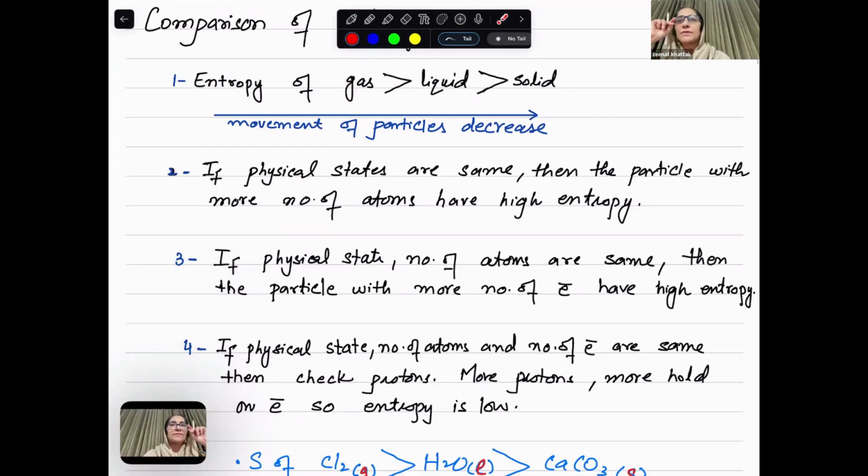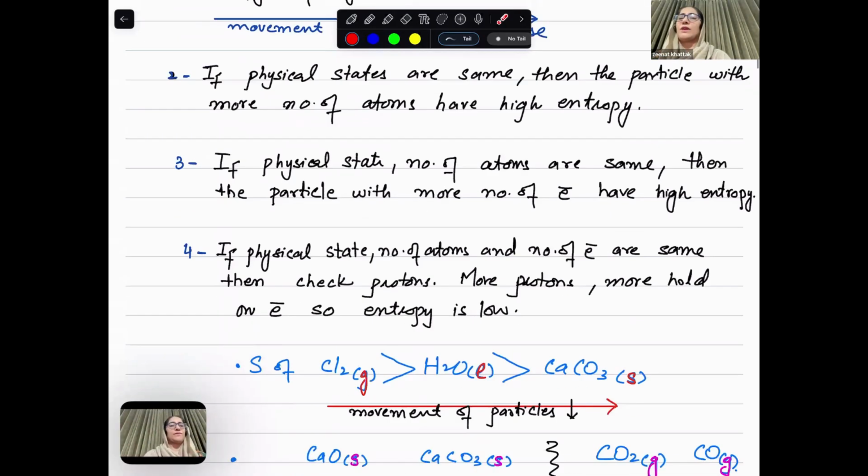Now, next, if the physical states are same, look, first criteria is what? Physical state. But if the physical states are same, then the particles with more number of atoms. If the physical state and atoms are same, then the one with more electrons. If electrons are same, then check the protons.